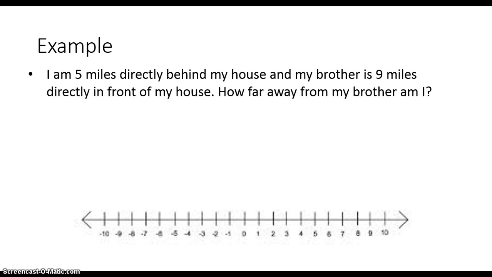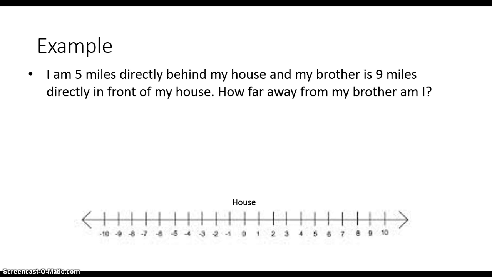Let's try an example now that we actually have units and we also need to translate and find a point of reference to be successful. I am 5 miles directly behind my house, and my brother is 9 miles directly in front of my house. How far away from my brother am I? First, we need to find a point of reference. That is something that is similar to both my distance and my brother's distance, and I see in the problem that the house is a point of reference for both me and my brother.